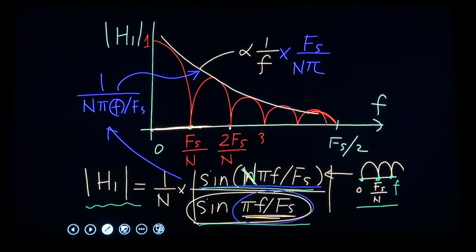And then, see, for low frequency, sine x is approximately x, right? For small x, sine x is approximately x, so we just take out this term, and then the envelope of this H1 looks like 1 over f. See, this is here n pi over fs, right? So this envelope is proportional to 1 over f.